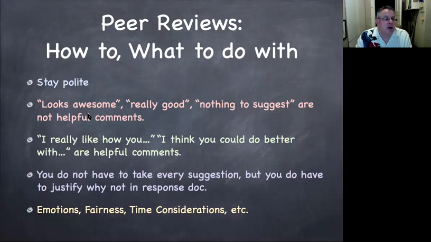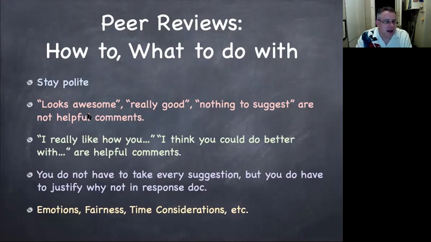So whether or not you're anonymous, you should definitely stay polite in a peer review. You don't need to say, this is terrible, I don't understand what you mean, that kind of thing. Instead, you want to frame your comments in a sense of constructive criticism. On the other hand, saying, looks awesome, really good, nothing to suggest, is not actually a terribly helpful comment.